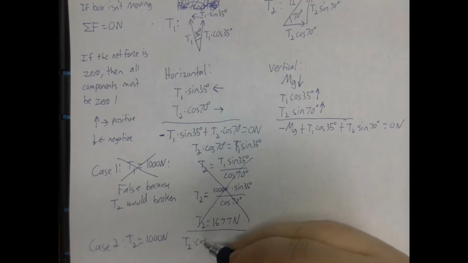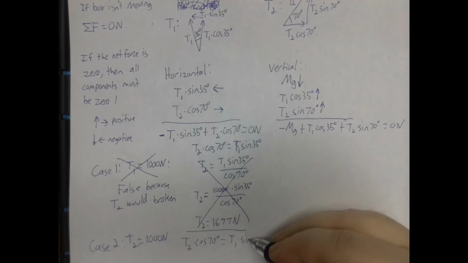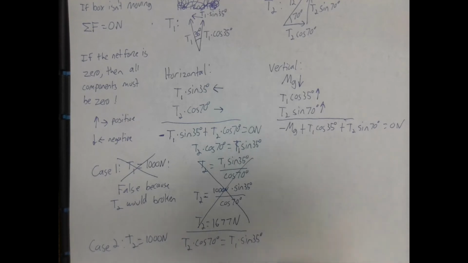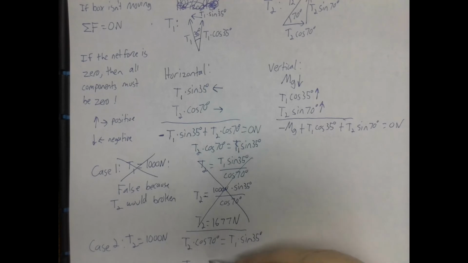T2 times cosine of 70 degrees equals T1 times sine of 35 degrees. Solving for T1, T1 would equal T2 cosine of 70 degrees divided by sine of 35 degrees.